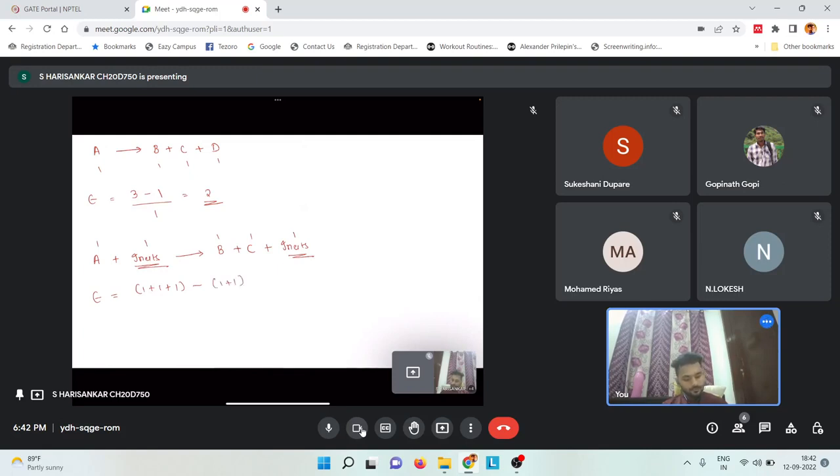This one represents B, this one represents C, this one represents inerts. And similarly, A and inerts by 1 plus 1. That is A and I. So basically, this is 3 minus 2 by 2, and that is 0.5.